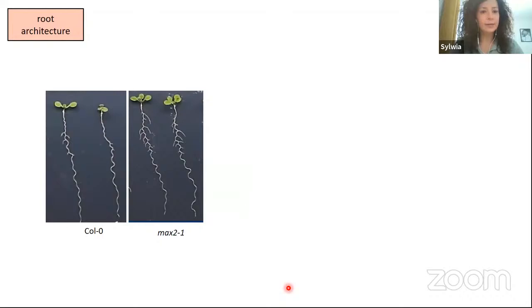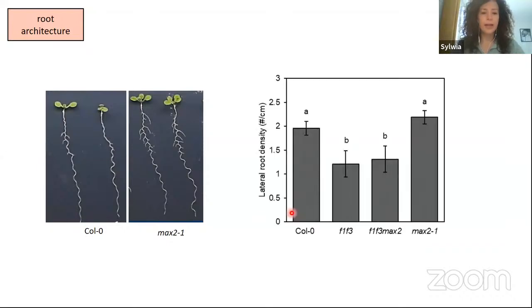In the next assay, we checked for lateral root density. We grew our seedlings for 9 days on plates with half MS medium. After 9 days, we counted the number of lateral roots, then measured the root length and divided the number of lateral roots by the root length.